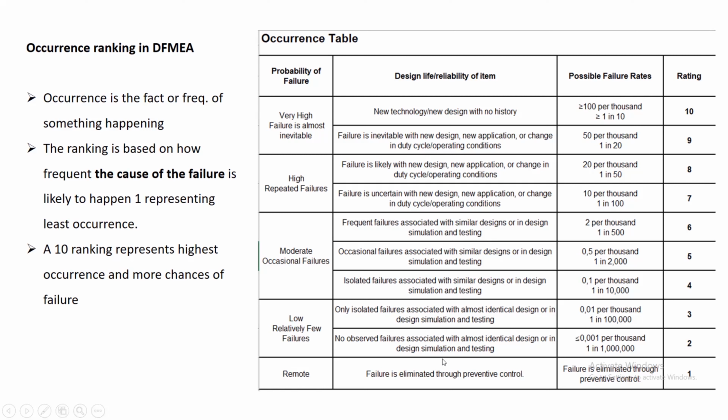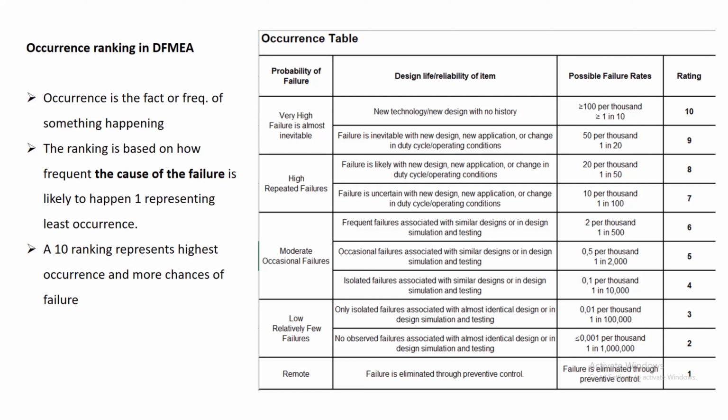Now, as we saw in the severity table, these are also classified into different rankings, where remote and low, 2 and 3, are categorized as low or relatively less frequently occurring failures, which are isolated and almost identical in design simulation and testing.